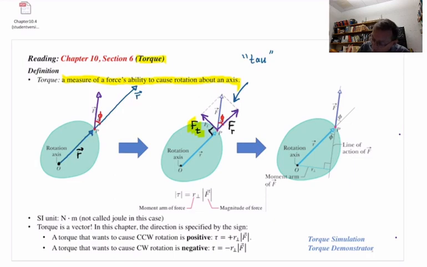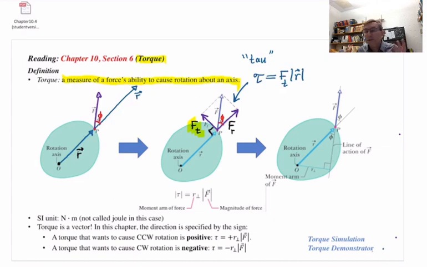I draw the tau symbol like that. Okay? That is the symbol we're going to use for torque. So what I'm going to do based on this picture is say that tau equals that component of the force that's tangential to r, so F tangential, times the magnitude of r. How far are you from the axis?